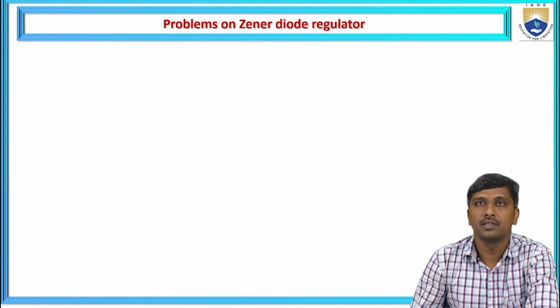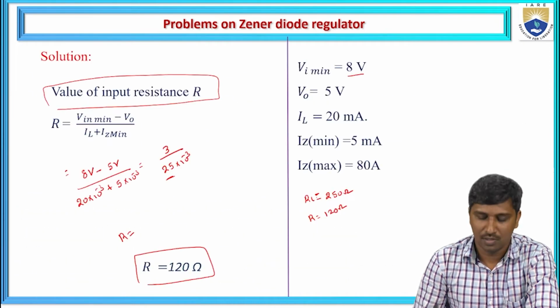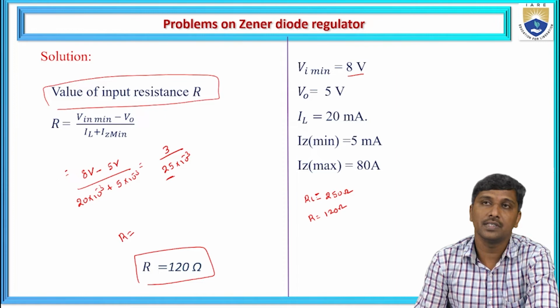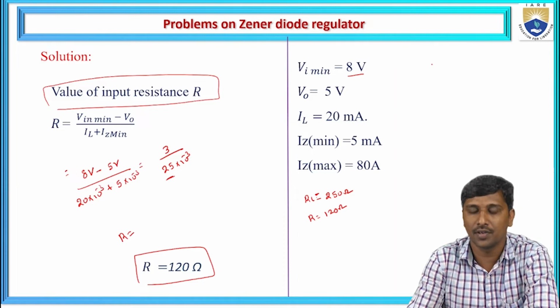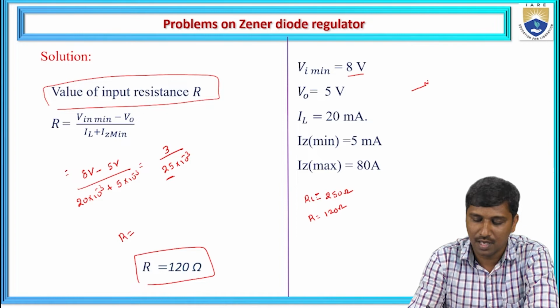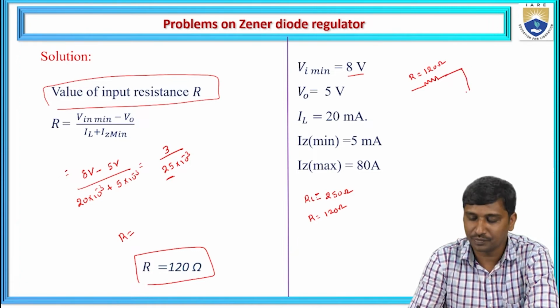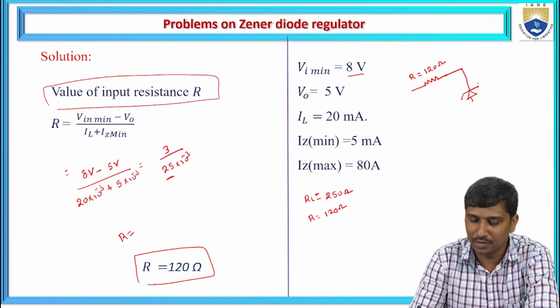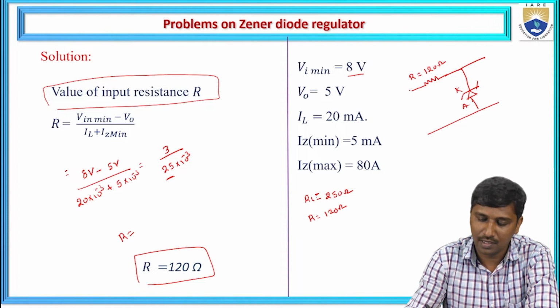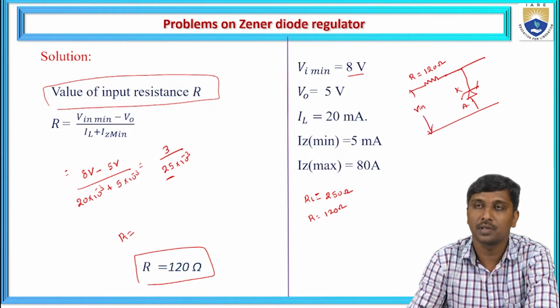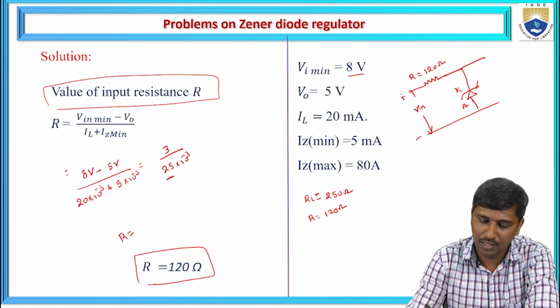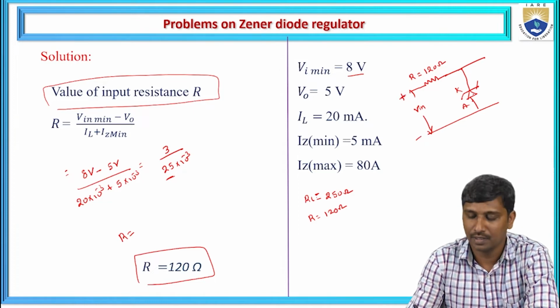So RL value is 250 ohms, then R is 120 ohms. Based on this, we need to design a Zener regulator circuit. So I am going to take this as R, which we determined as 120 ohms. Then in parallel I am going to place a Zener diode, with this cathode and anode. Here we are going to apply a reverse bias voltage. Hence, the positive polarity of the battery is connected to the cathode of the Zener diode with respect to the anode.